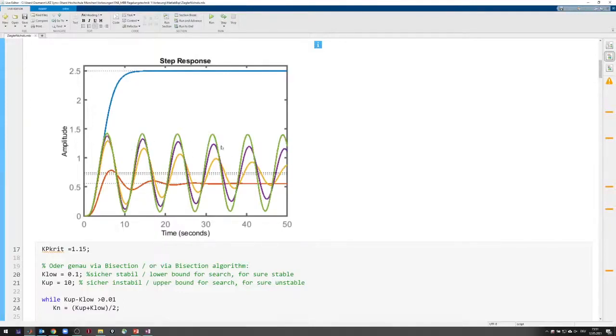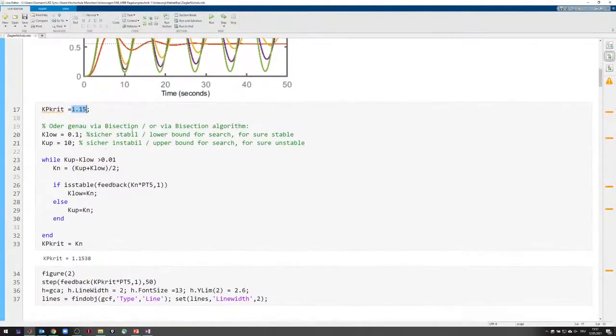The magenta one still decays, and I would say the green one finally remains, the oscillation remains, right? So this is the sweet spot where our system just gets neutrally stable. And I did it by hand, and I came up with a value of 1.15 for this critical gain.